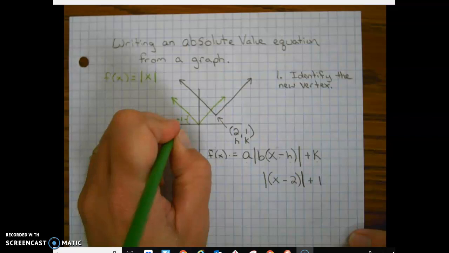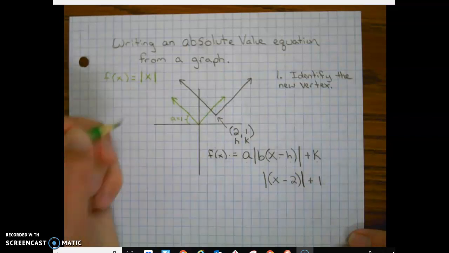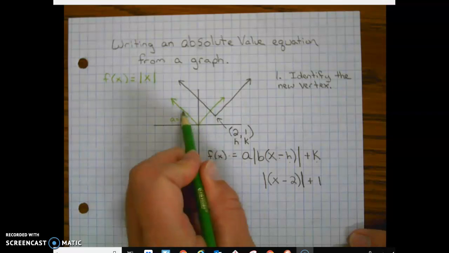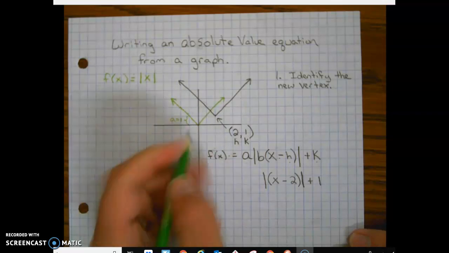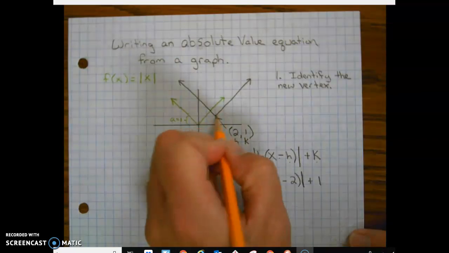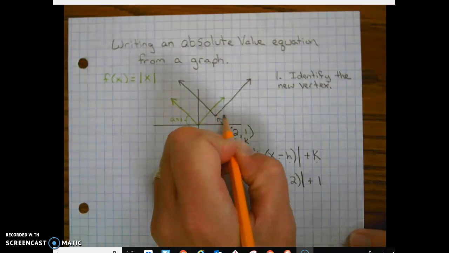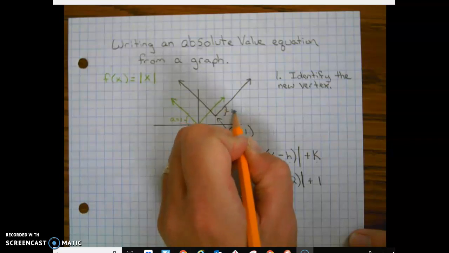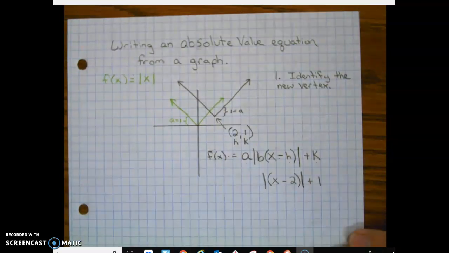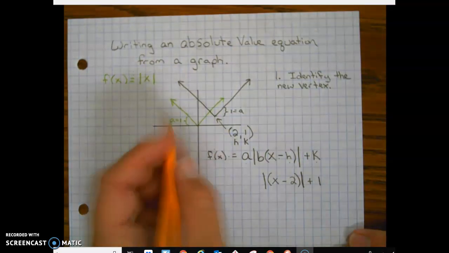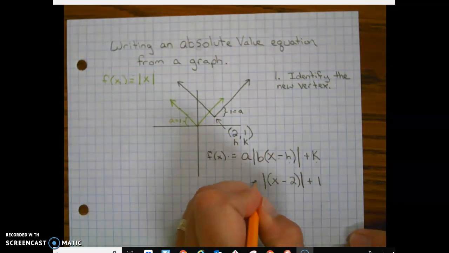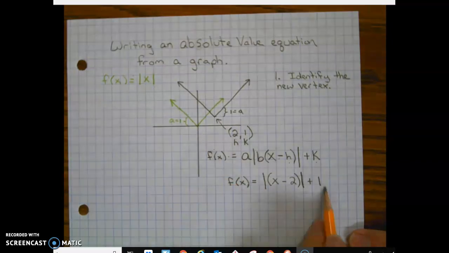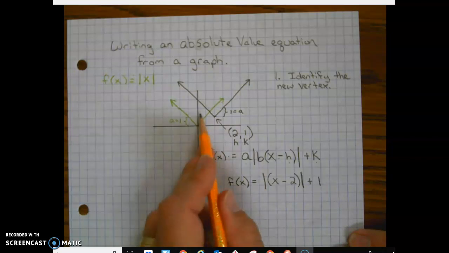So in this case, it doesn't matter since it's symmetrical on both sides, it doesn't matter which way you go. If we go over 1 unit, the a value in this case is going to be 1. Okay, so the a value is 1, so our function is going to be this for this graph.